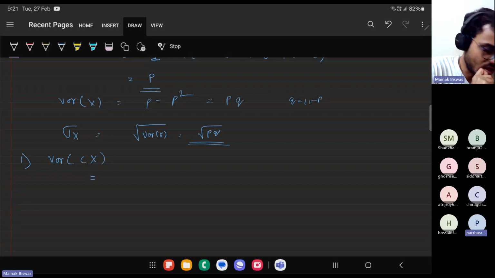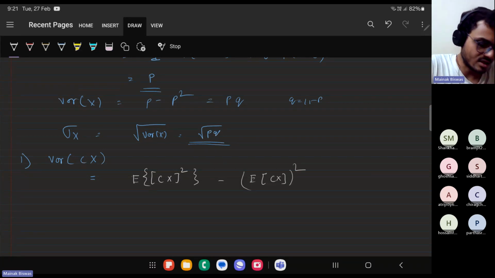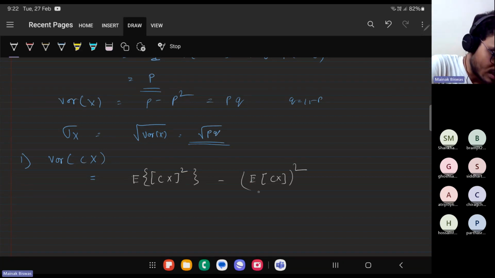Correct, Siddharth. So what is the step? Expected value of cx whole square minus expected value of cx whole square. Yes or no?